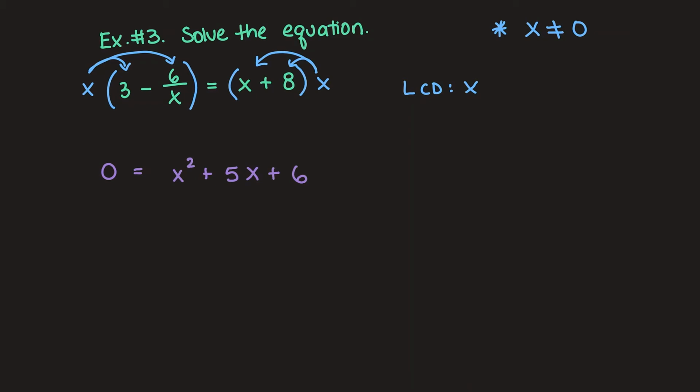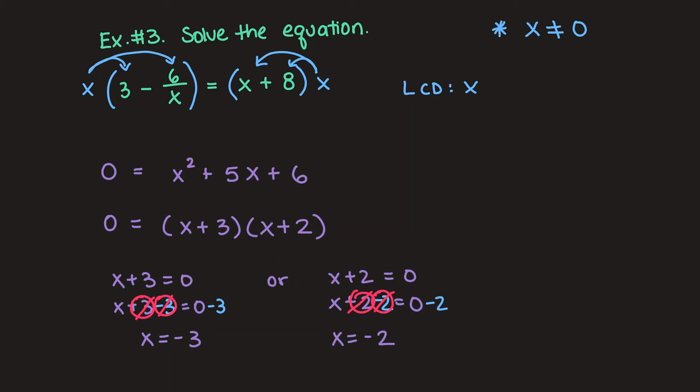So to solve this, we will use our zero factor property, so we need to factor this side. And now we set each factor equal to 0 and solve for x. We get x equals -3 and x equals -2. And since this is not an undefined value for x, these will be our two solutions.